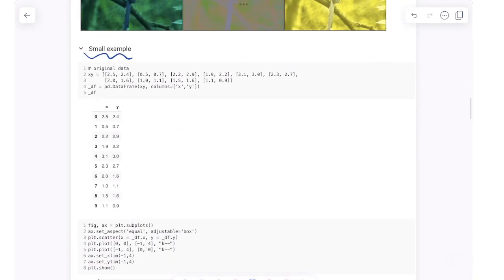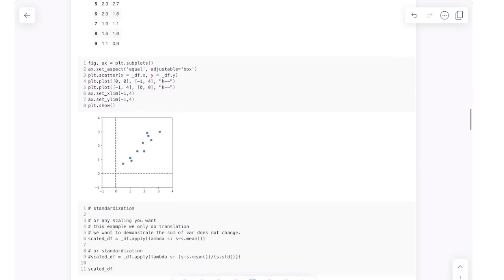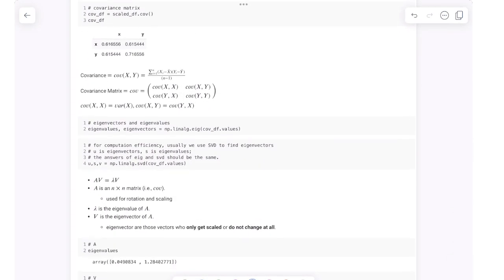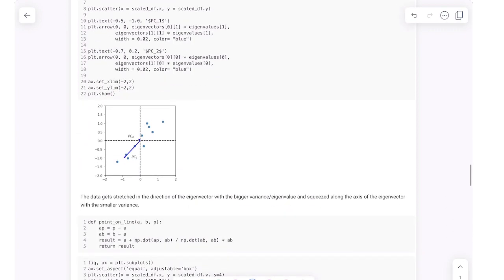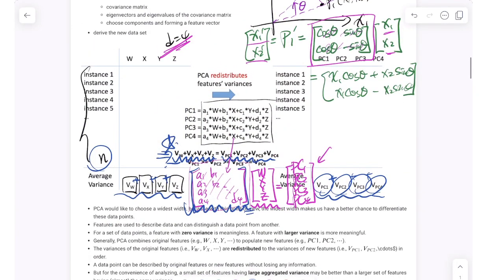If you're interested in how to find the best rotation angle for the best new axes, you may take a look at this one. In short, we use eigenvalues and eigenvectors to find the corresponding new axes. The direction of the eigenvector is exactly the new axis we would like to find.